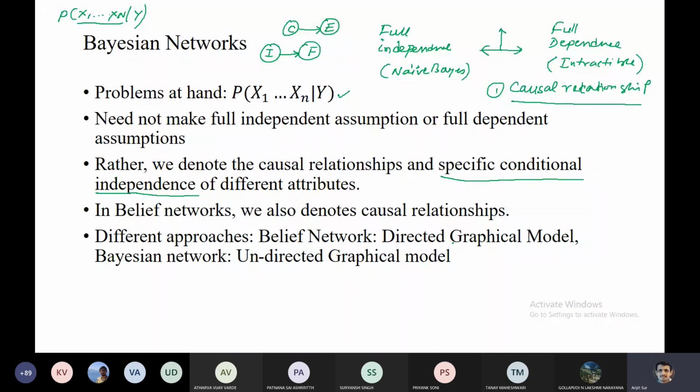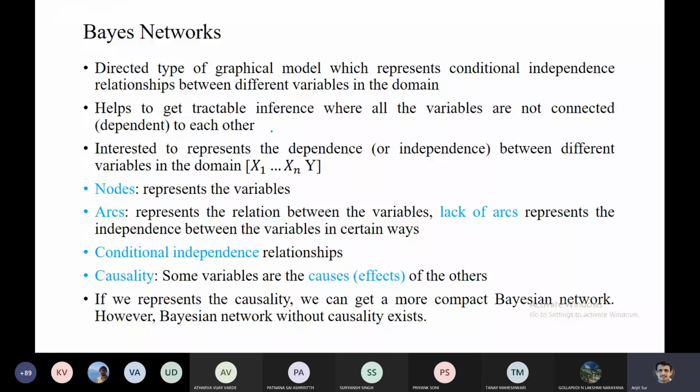First of all, what is the Bayesian network or Bayes network? This is a directed type of graphical model which represents the conditional independence relationship between different variables in the domain. So we are trying to first understand that. Maybe in this formation, there is some kind of graphical model.